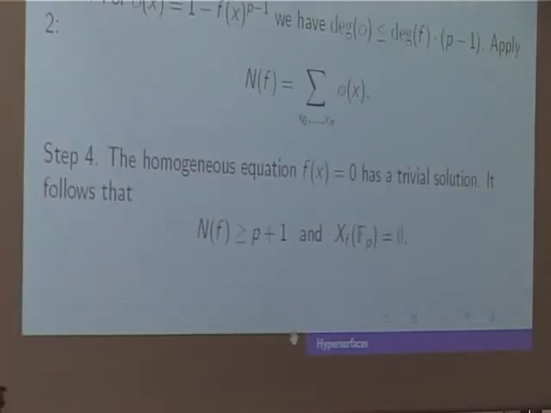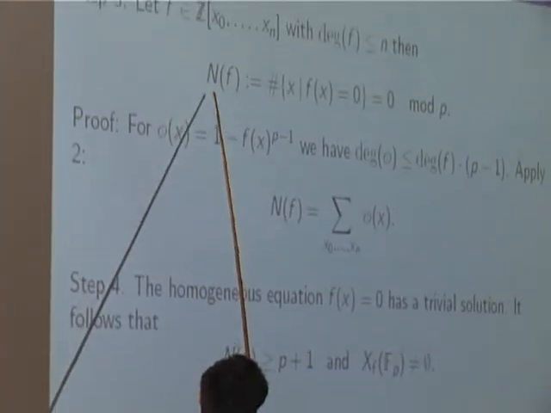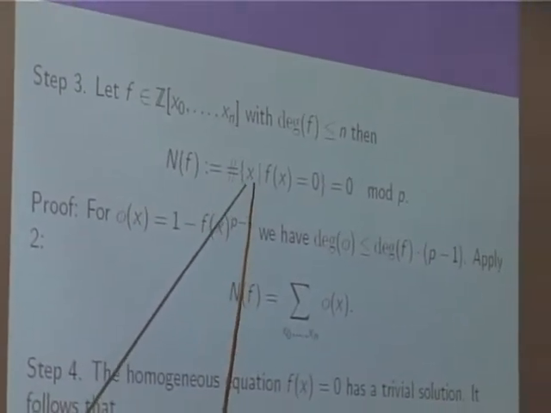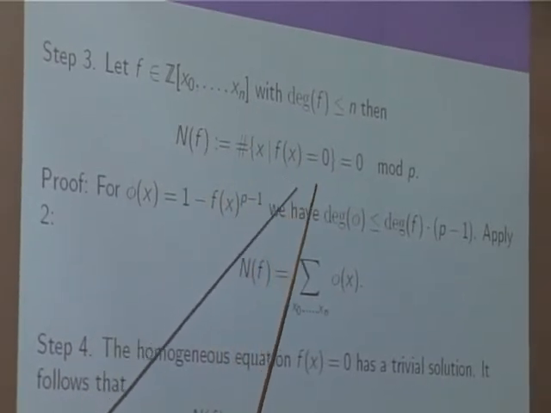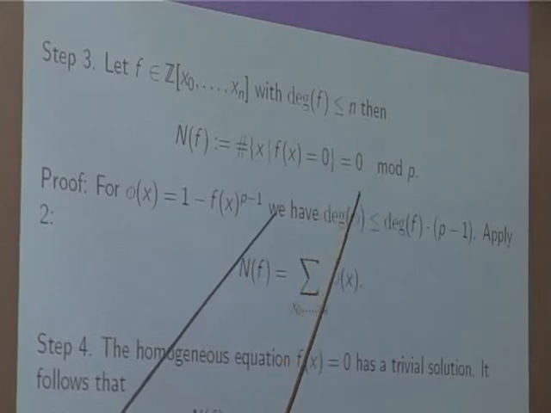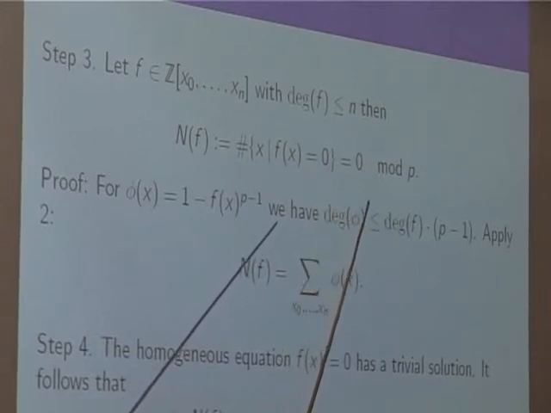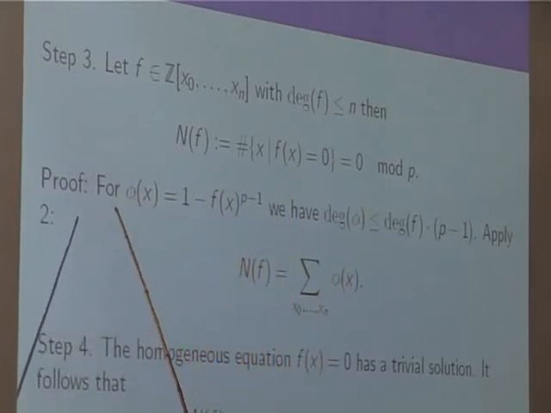Okay. And now you want an expression for a counting function, so the number of solutions in x0, ..., xn of this polynomial equation. And the statement is that whatever it is, it's 0 mod p. So how do we get it?